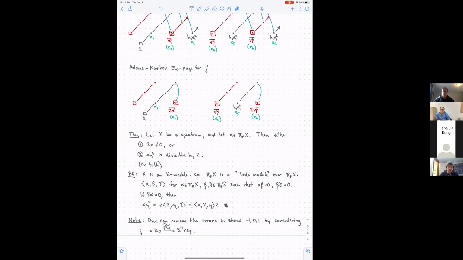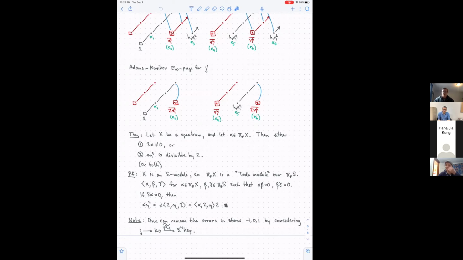First of all, it had better be a module over pi star S, in the ordinary sense: pi star S is an ordinary ring, and pi star X is an abelian group with a module structure over it. So suppose it's a module over pi star S. Is that enough? Does every pi star S module arise as the homotopy groups of a spectrum? This theorem says no, they do not.